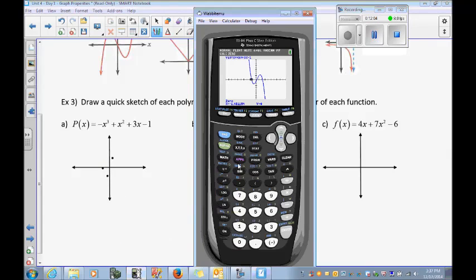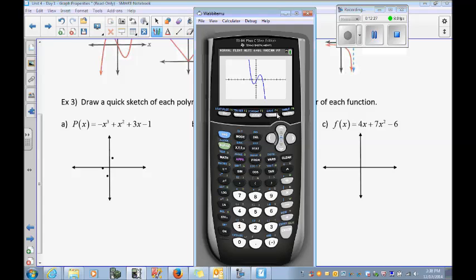It looks like it's right at 0, but we want to double check there. So second trace, option 2, zero. We'll scroll over, left bound, right bound, guess. What error? No sign change. We don't want that. Let's try that again here.